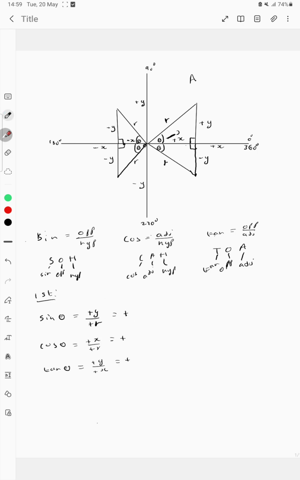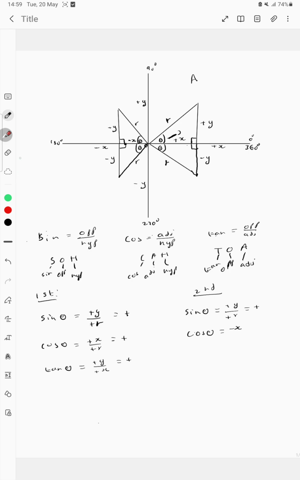Then we're gonna go to the second quadrant and see what happens there. So sine theta in the second quadrant, our opposite side is positive y over positive r. Positive and positive would give us what? A positive answer. And then cos theta is minus x, because remember now you are on the negative x-axis.